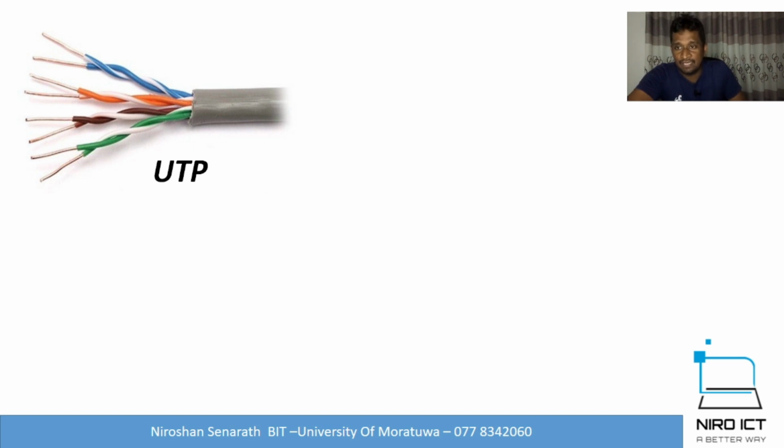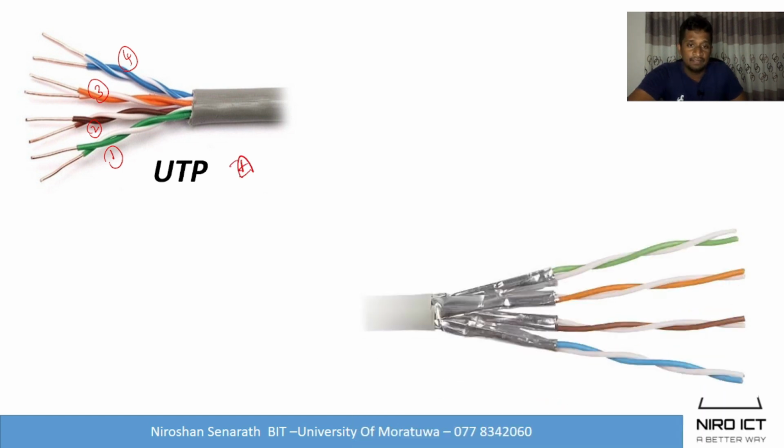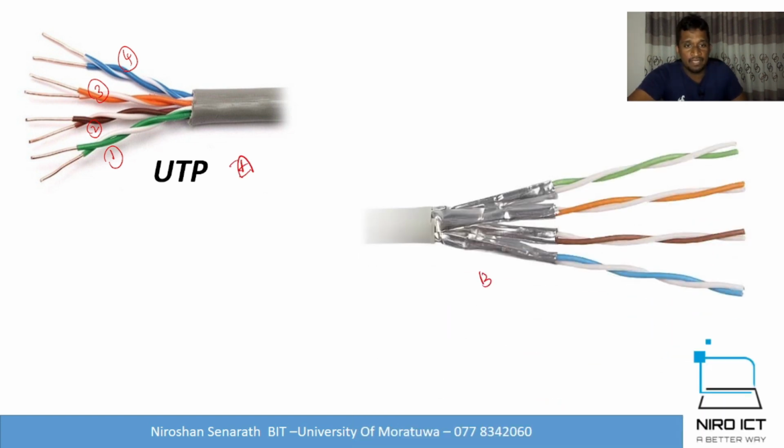Here you can see one couple of wires, a second couple, a third one, and a fourth one. Then how many wires are there in total? 8 wires. This is called UTP, or unshielded twisted pair. This is image A. Then let's see image B. Here we have the same thing.